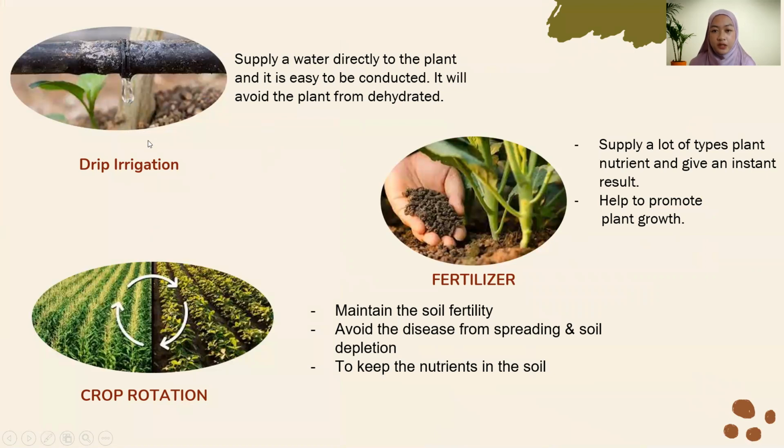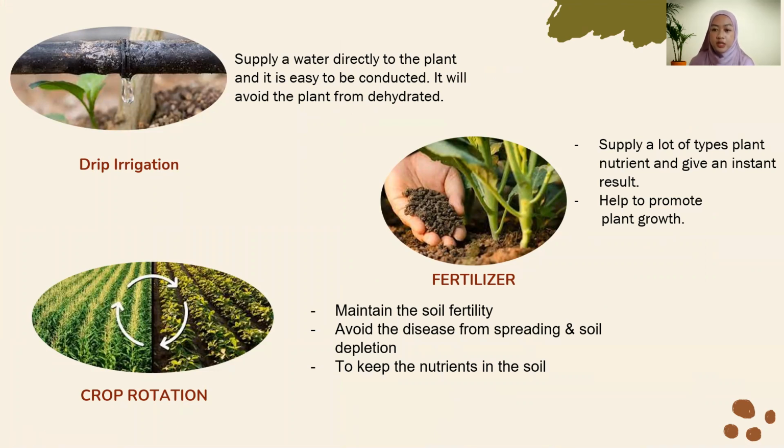The first thing we can apply in crop management is using drip irrigation. Drip irrigation will supply water directly to the plant and it is easy to conduct. It will prevent the plant from dehydration. The water from this system will be supplied directly to the root of the plant.